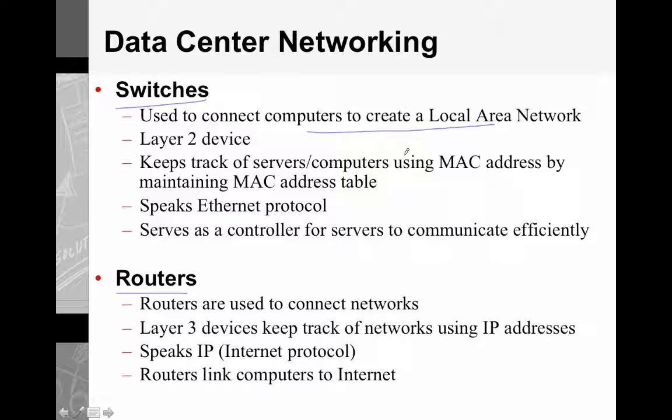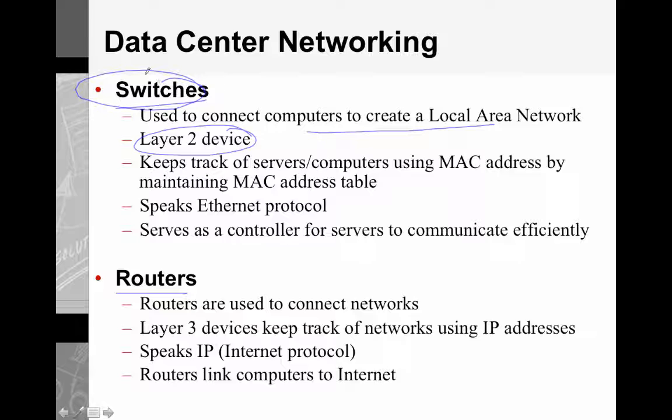And those computers are connected using switches. A switch is really a layer 2 device. If you recall, there are 7 layers of OSI in terms of networking. Layer 1 is the physical layer, and layer 2 is the next layer above that. It's a logical layer which deals with the Ethernet protocol.